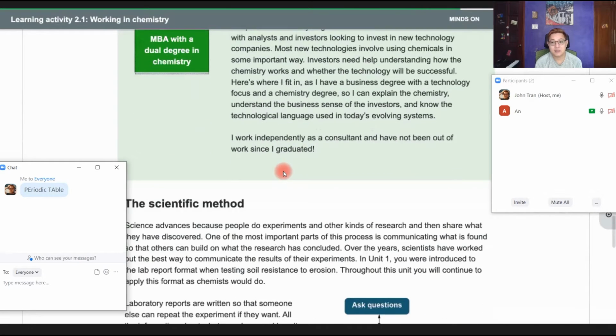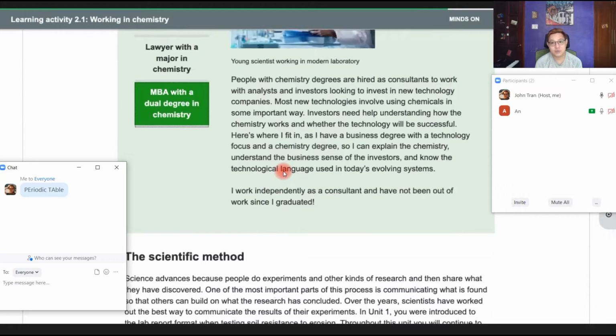Basically she has a dual degree in relevant fields, so people need it. That's why she has not been out of work since she graduated, and I'm sure she makes good money. And of course she can support herself well.